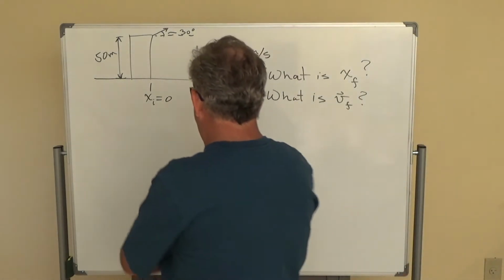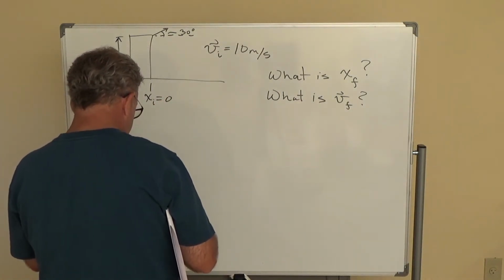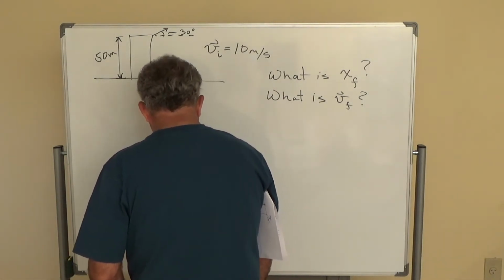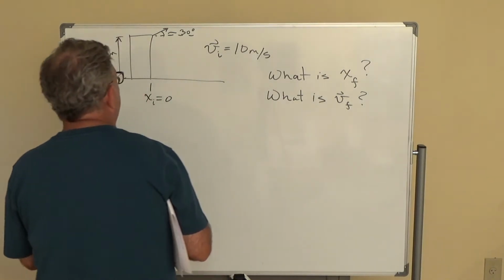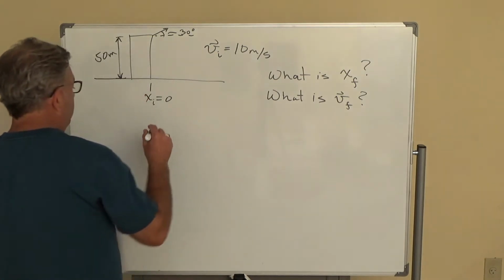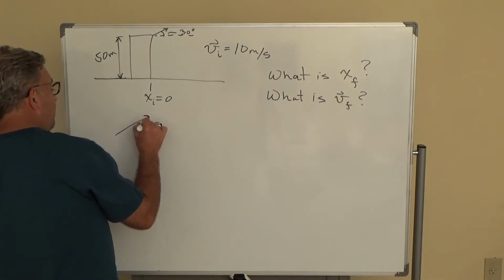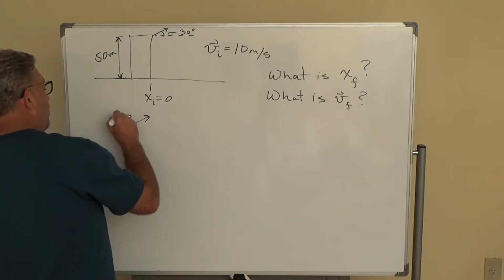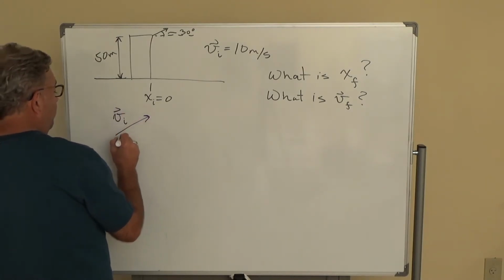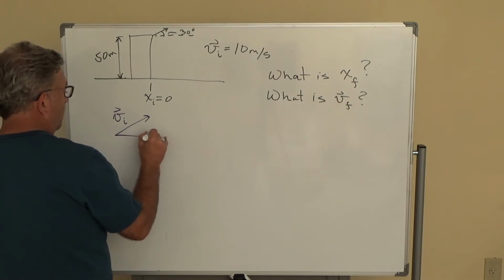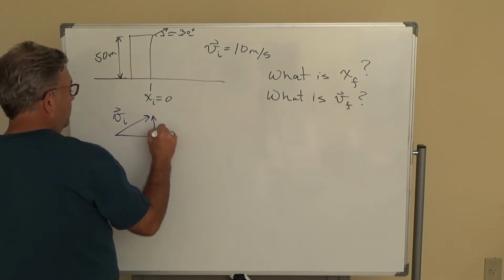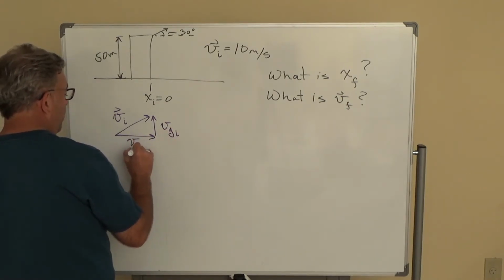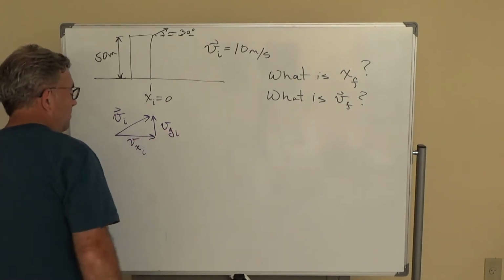The first thing that we're going to do is break that initial velocity into components. I'm going to write this in general. This is V initial. This is Vy initial. This is Vx initial.